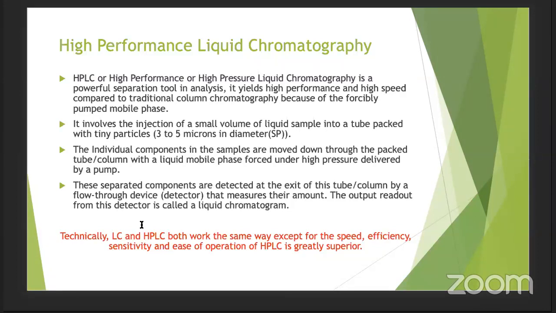HPLC is also called high pressure liquid chromatography. Why is it called high pressure? Further in the presentation, I will tell you about the column. In HPLC, the analytical column that is used for the separation of components is packed very tightly, very nicely packed.